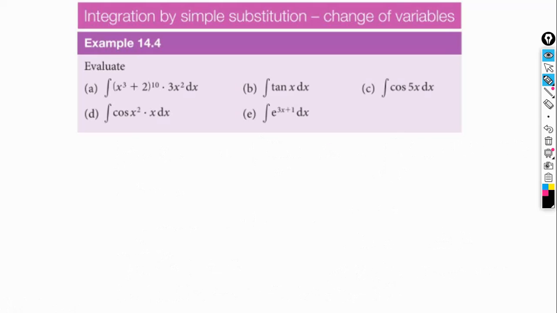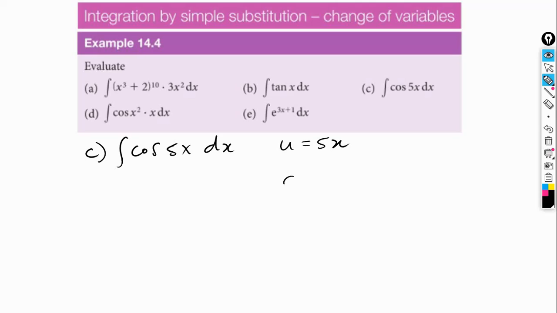So next is letter c, and it says evaluate the integral of cosine of 5x dx. So when we do u substitution, we have to be careful as to what we make u. So let's not use cosine of 5x, but rather just 5x. So we can say u is equal to 5x.